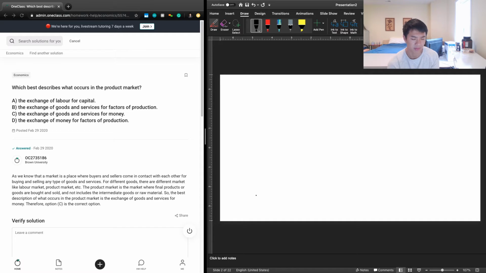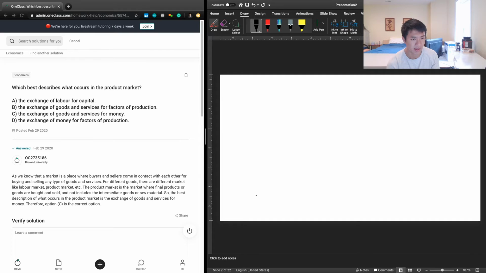So that's not going to be the right answer. B says the exchange of goods and services for factors of production. Again, this is not one of those situations where suppliers are exchanging goods and services that they plan on using as inputs for their own production, aka suppliers and vendors. And so we're not going to choose B for this product market definition either.